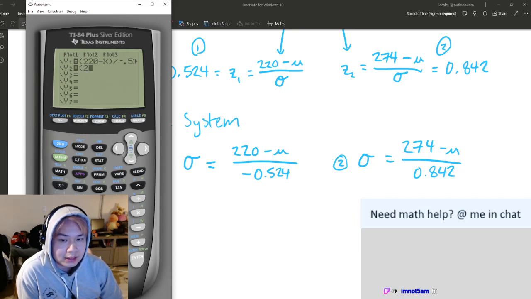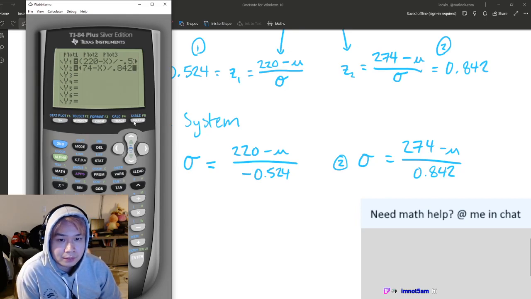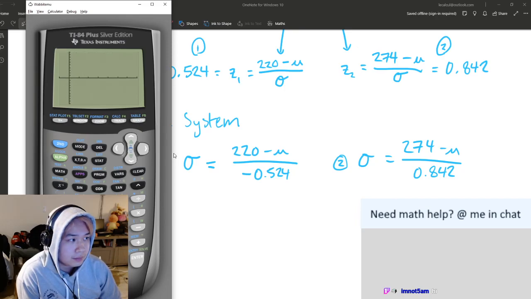So let's see, 274 minus x divided by 0.842. Okay, and then obviously you should keep in mind, this is x and y, but our variables are mu and sigma. So just remember which variable represents which. Oh, this is not going to show up on my graph at all.